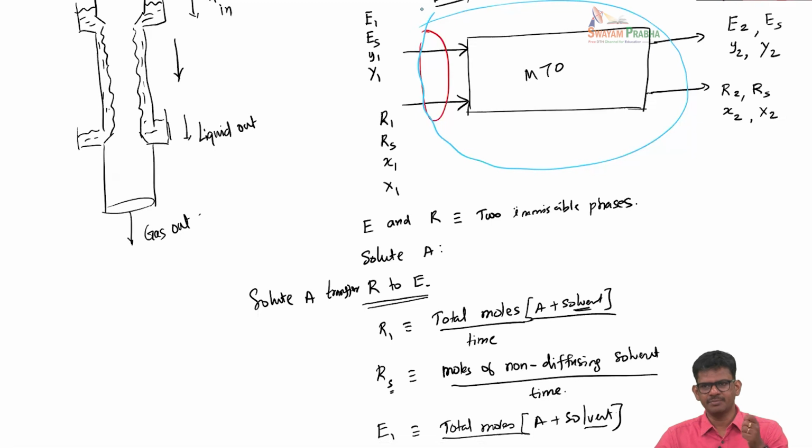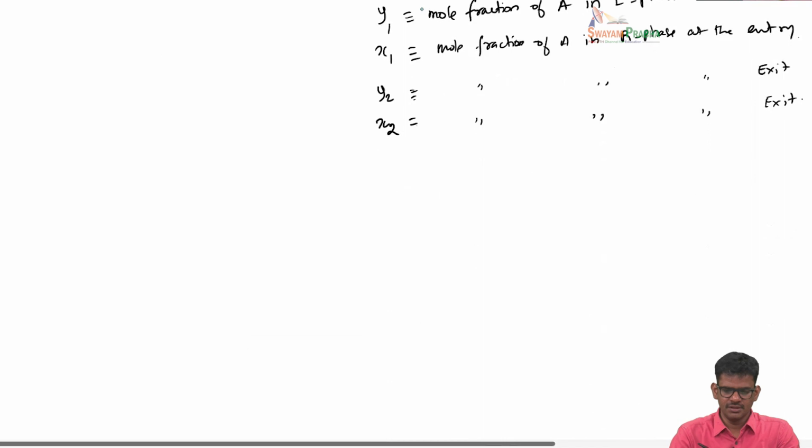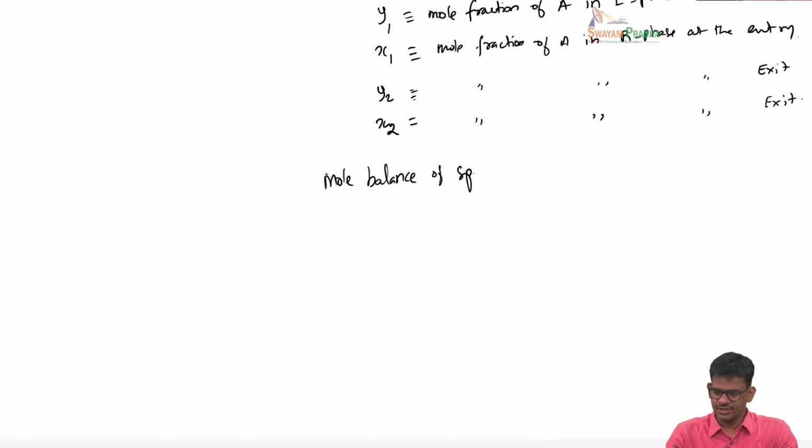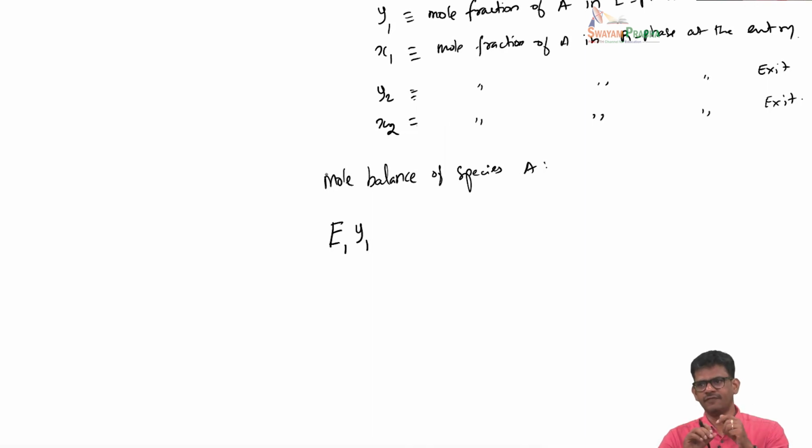So what is a mass balance? It is basically how many moles of material are flowing in, and that should be equal to how much is flowing out. First we will do the mole balance, or mass balance, of species A. From the E phase, E1 Y1 will be the number of moles of solute A entering along the E phase.